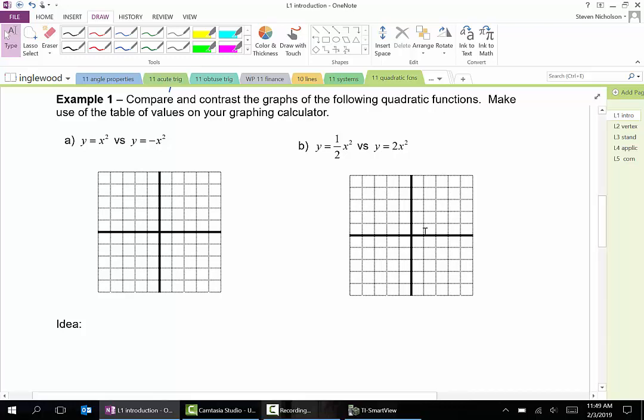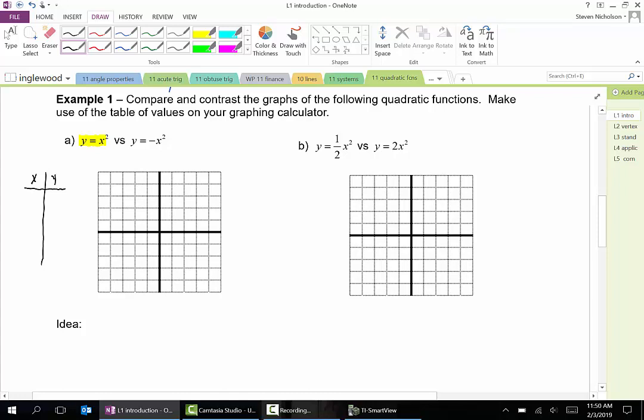I'll just do the first one for you, and then I want you to pause the video and practice what I'm doing. If we were going to make a table of values for y equals x squared, we'll always use black for our basic.